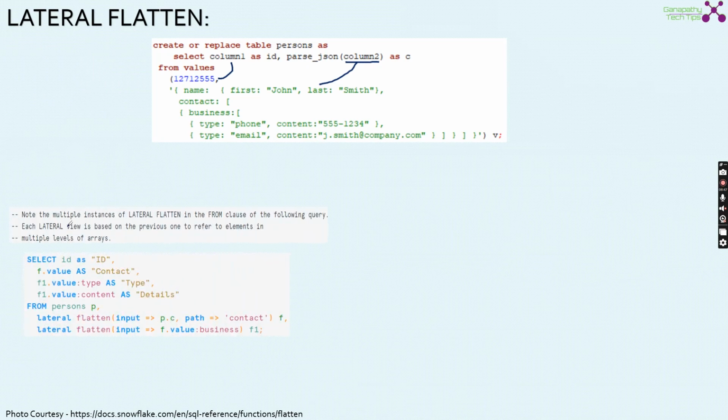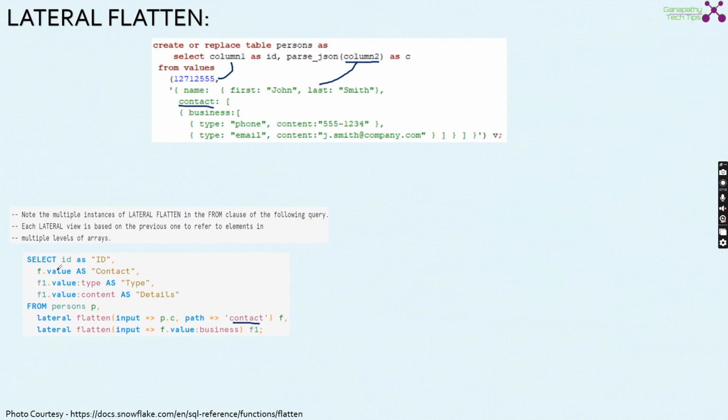Now we are utilizing multiple instances of lateral flatten in the from clause to get the output. How does the lateral flatten look? You can see select id from id, and then we are taking f dot value as contact. Here we are utilizing the lateral flatten and inputting that, with path equal to contact. So the contact mentioned here is mentioned in the path.